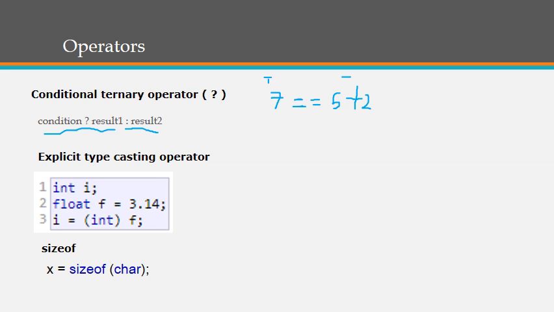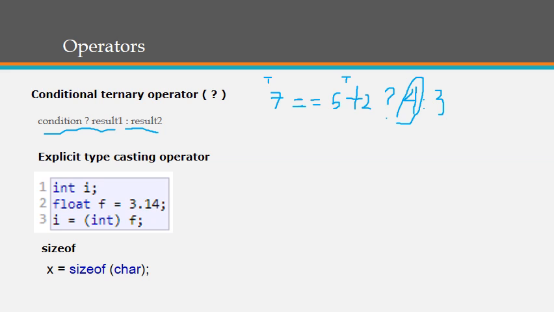Will this give me a true value? This evaluates to true. So the conditional operator would follow, which is the question mark. And then we'll say, okay, if it's true, the result will be 4. If it's false, it will be 2. So the answer would be that it evaluates to 4, because we know that 5 plus 2 gives you 7, and at the end 7 and 7, they're the same.